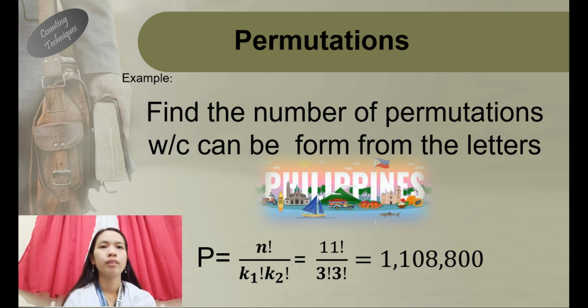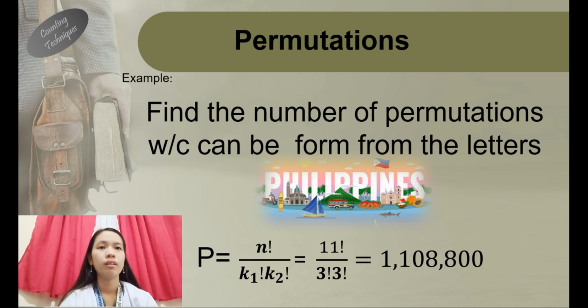The formula for this is P equals n factorial over k sub 1 factorial times k sub 2 factorial. It is equal to 11 factorial, because it is 11 letters, over 3 factorial times 3 factorial, because we have 3 P's and 3 I's.